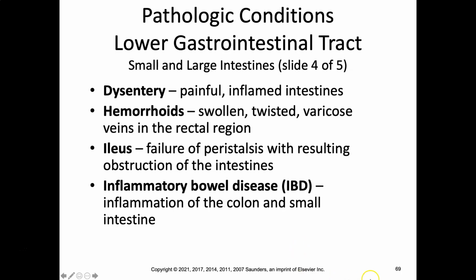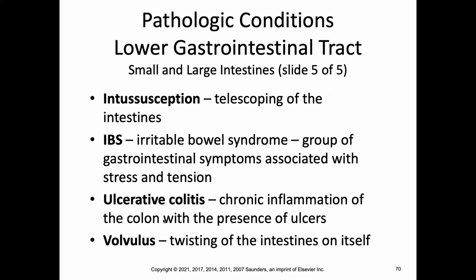Inflammatory bowel disease is another awful situation where you have inflammation of the colon and small intestine, and people can have chronic inflammatory bowel disease. Crohn's disease is a type of that. Intussusception.